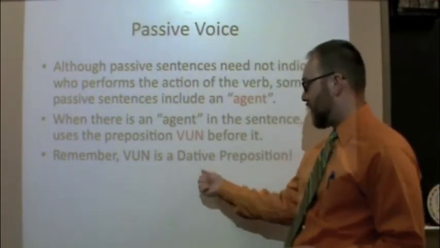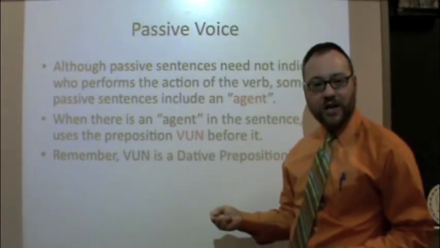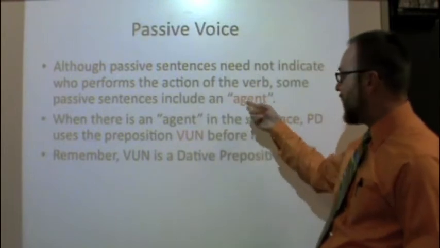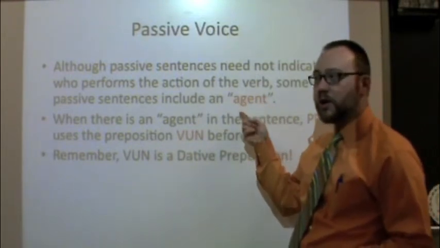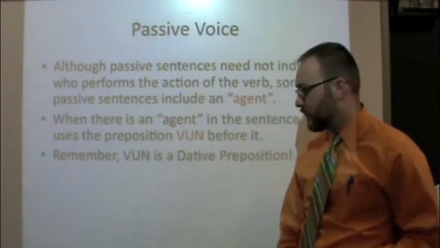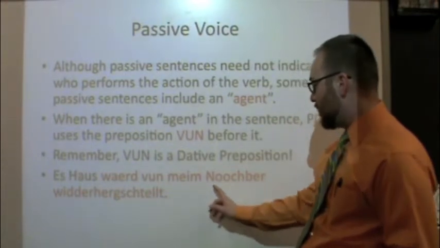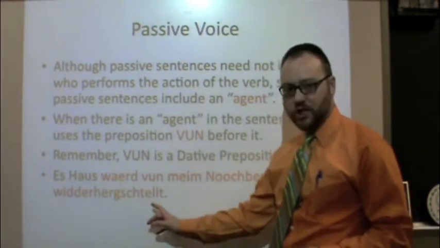When you have a dative preposition, the noun following it has to be in the dative case. So whatever your agent is, whether it's a person or a thing, you need to have that in the dative because it's going to be following fun. An example: Es Haus wird von meinem Nachbar wiederhergestellt.